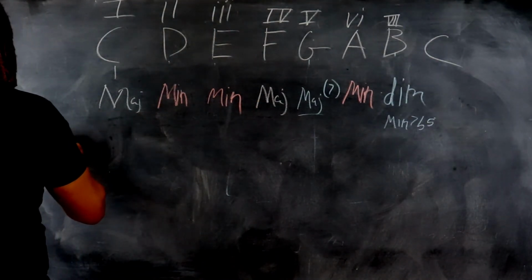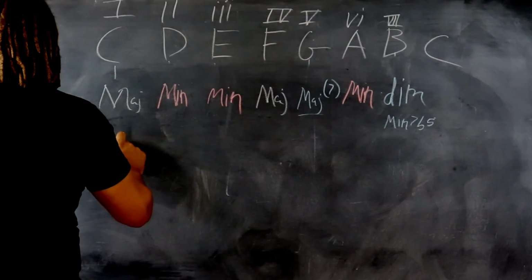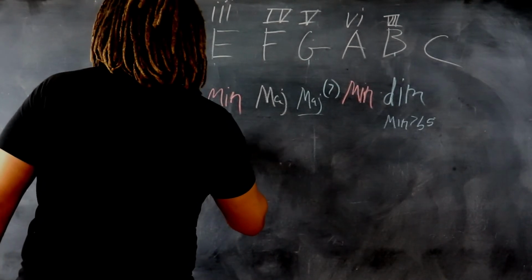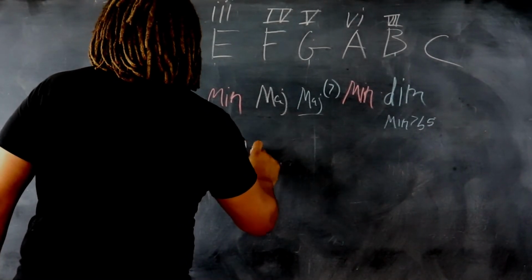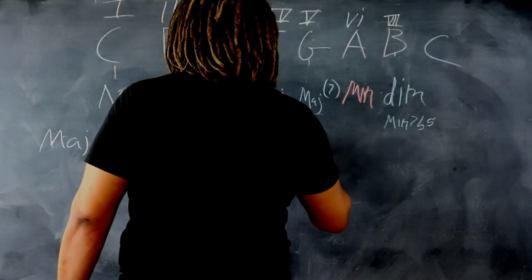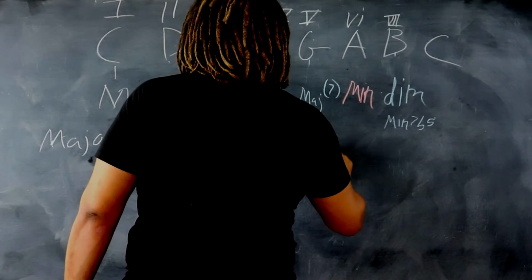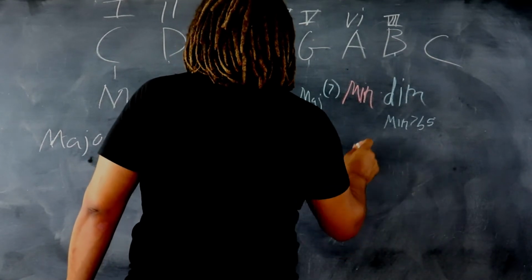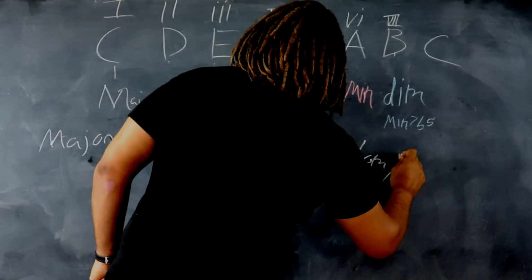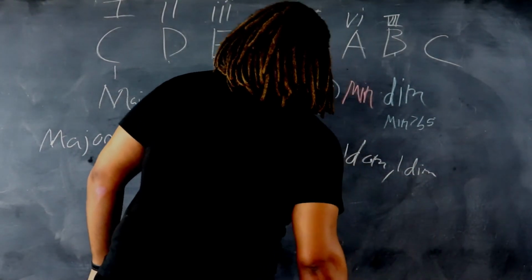So a major scale equals 3 major chords, 3 minor chords, and has a dominant and one diminished.